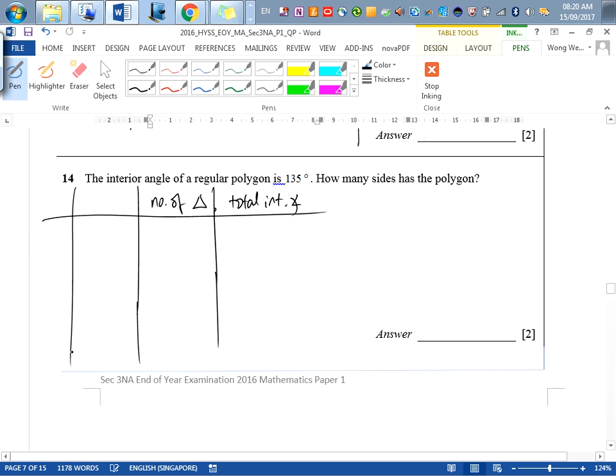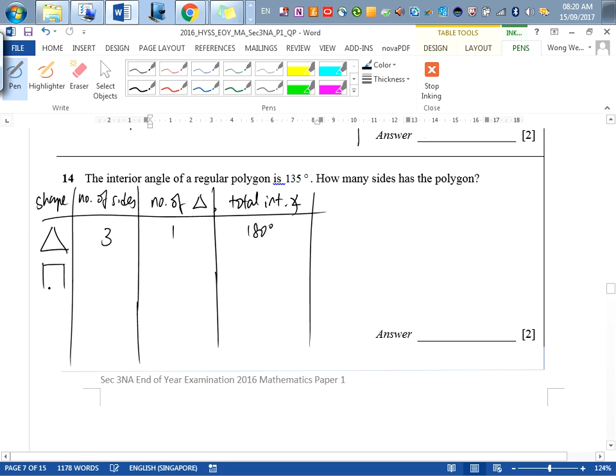Polygon is a shape with straight lines as the sides, so no curves. Okay? Triangle. How many sides does it have? 3. How many triangles do you see in the picture? What is the total interior angle?